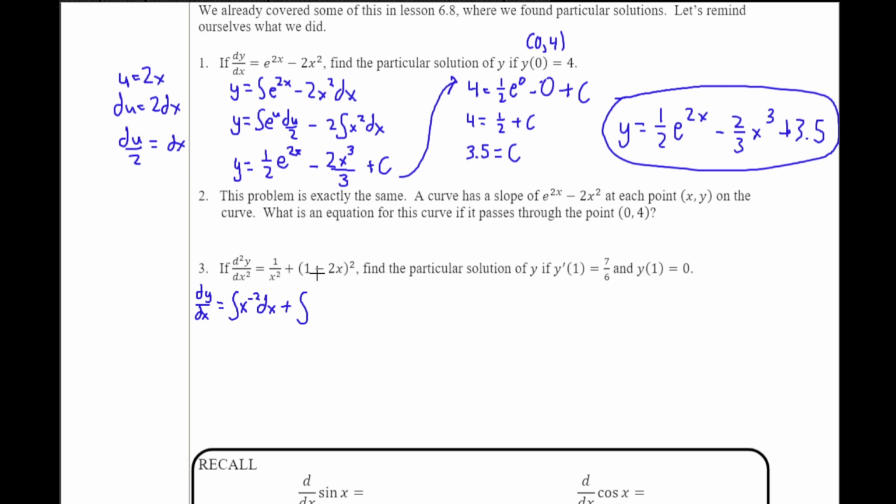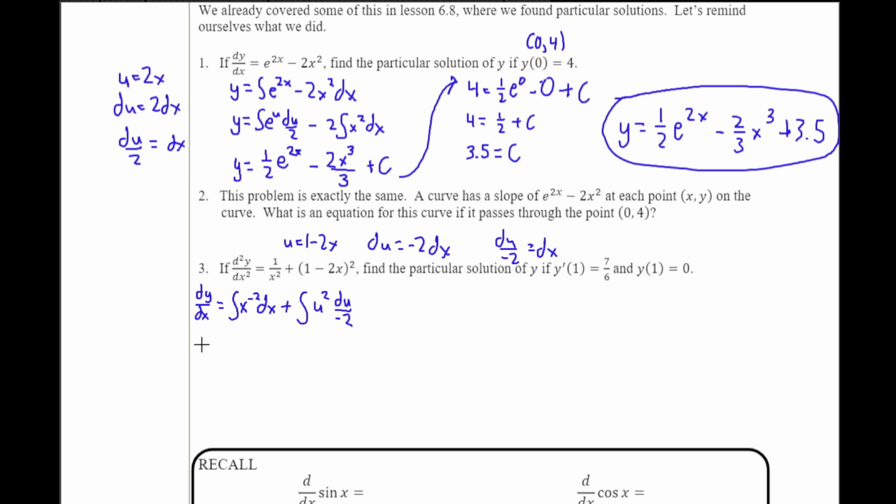And to find this, we have to use u substitution again. So if u is equal to 1 minus 2x, du is negative 2 dx, so then du over negative 2 is equal to dx right there. So that's the integral of u squared times du divided by a negative 2.